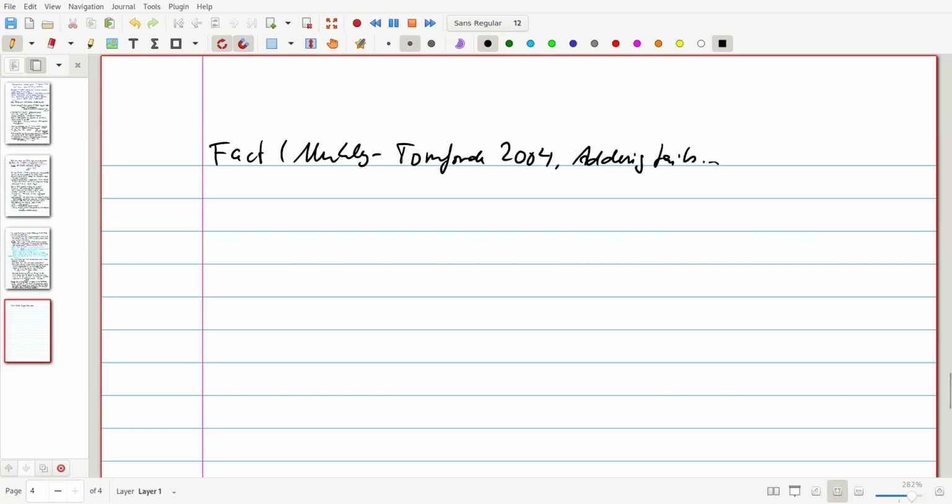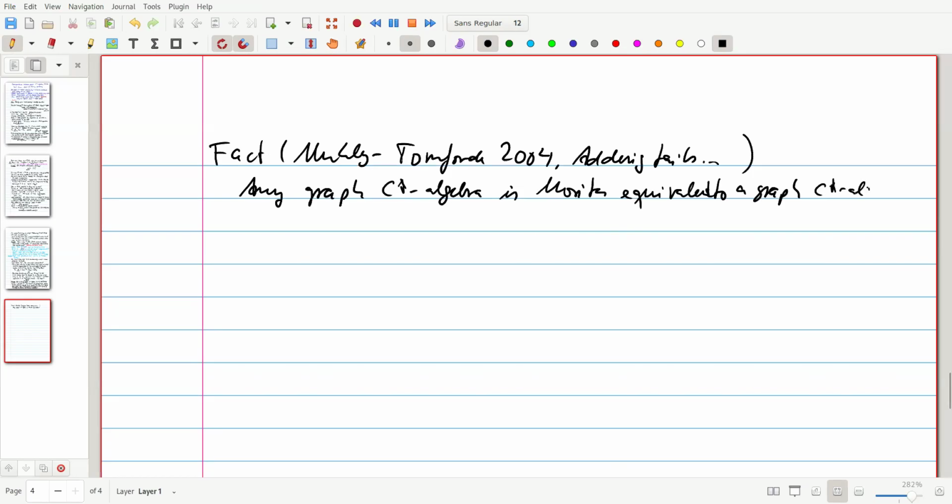And I think if you look for that, you shouldn't find too many papers. And it just says that any graph C-star algebra is, I think it's only Morita equivalent, not isomorphic, but I only cared about that result, so I'm not sure what the restrictions are, but it's certainly Morita equivalent to a graph C-star algebra, even of a regular graph.